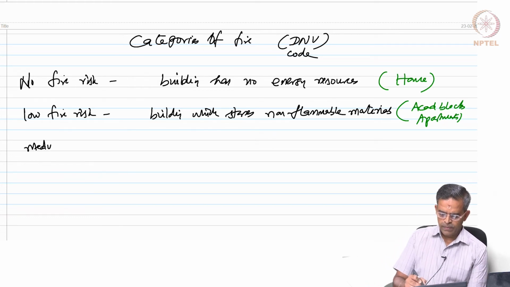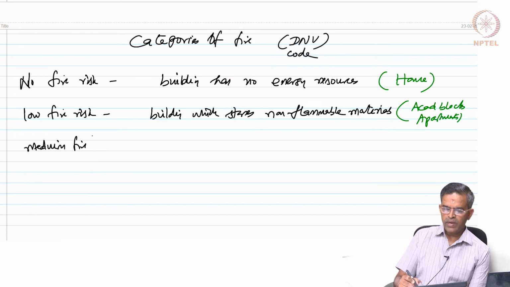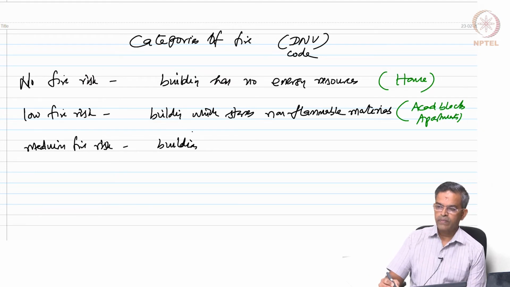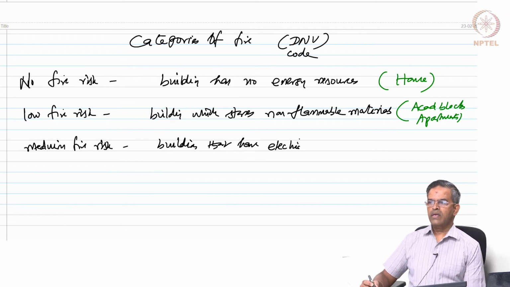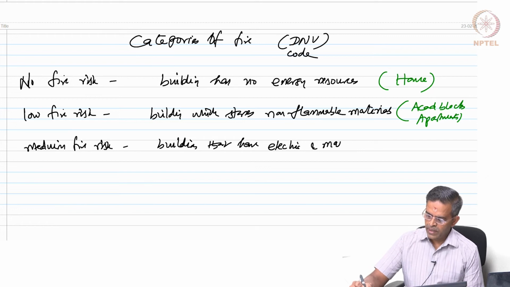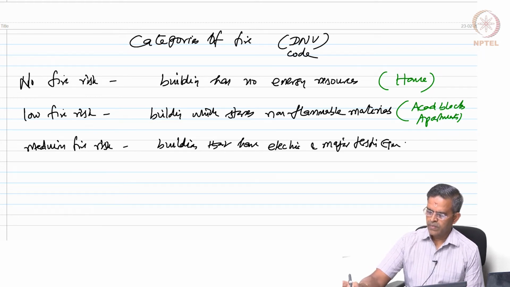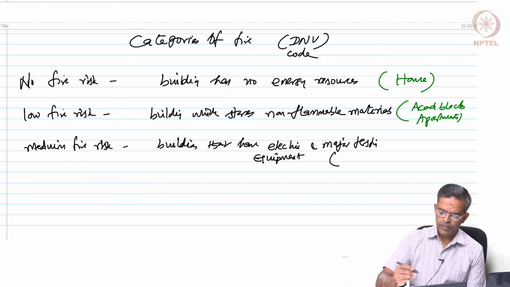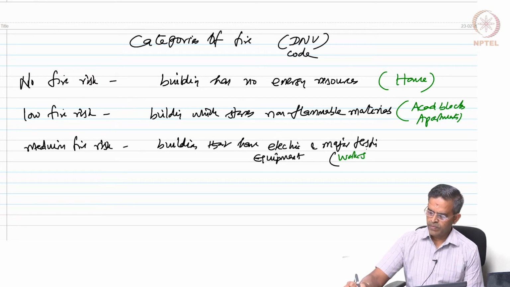Next could be medium fire risk, which is classified as buildings that have electric and major testing equipments. For example, it can be workshop.